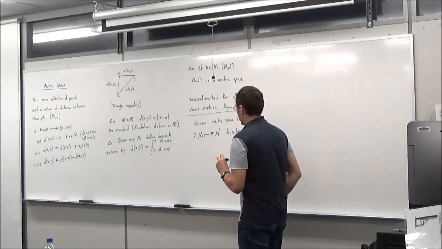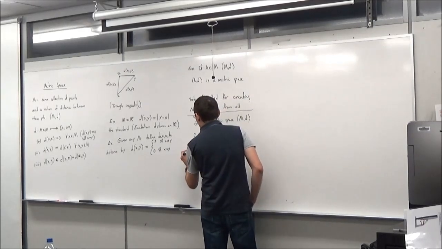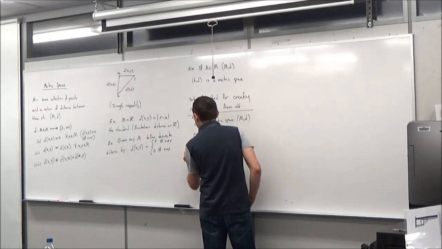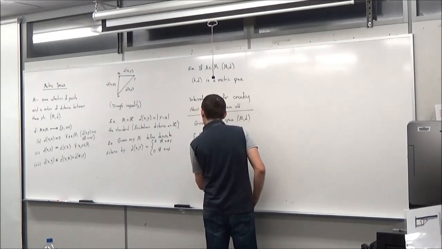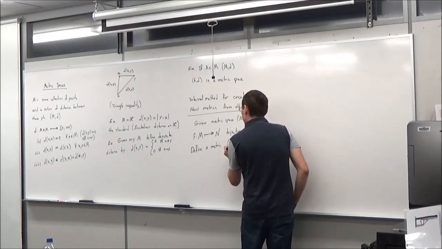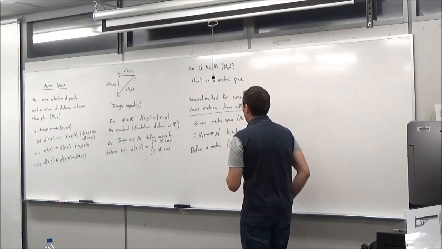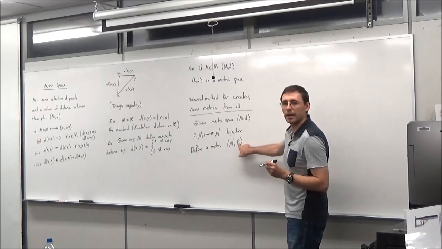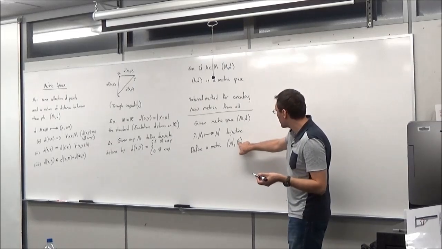Okay, it is bijective. So then I can define a metric on N, call it (N, rho), by just looking at where the points came from.